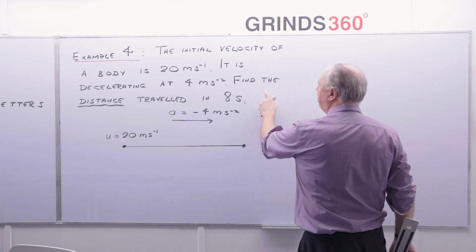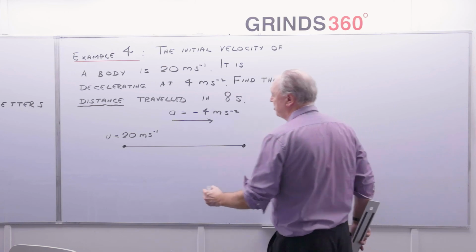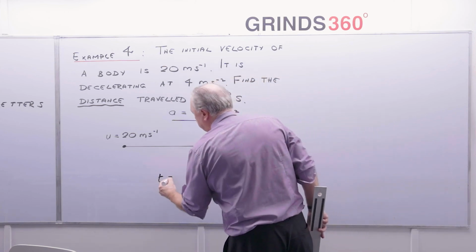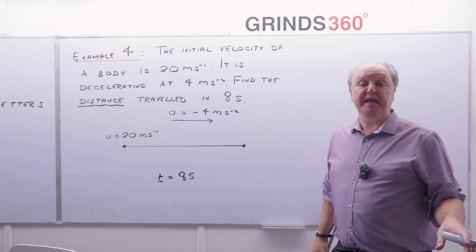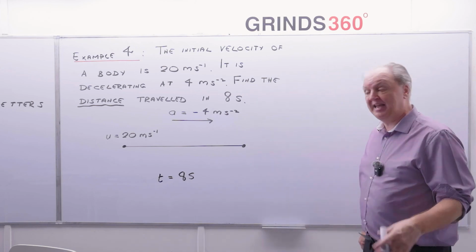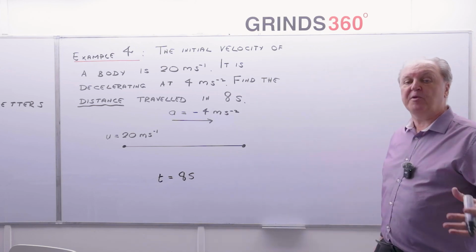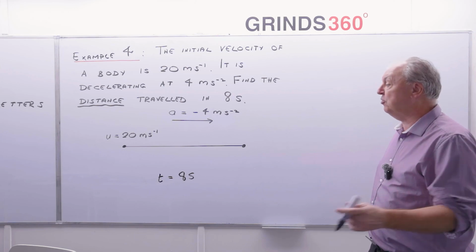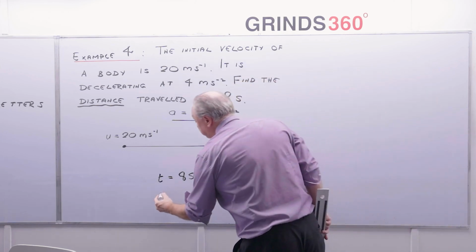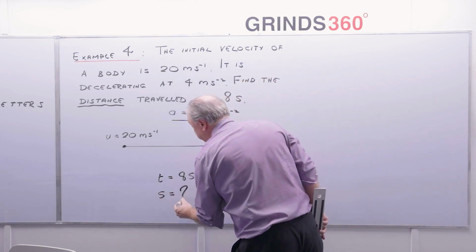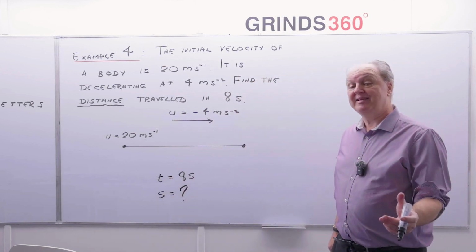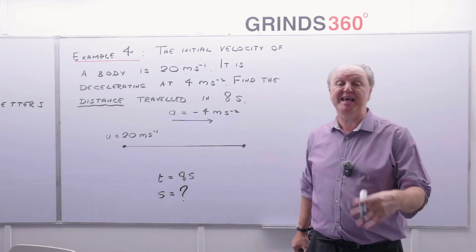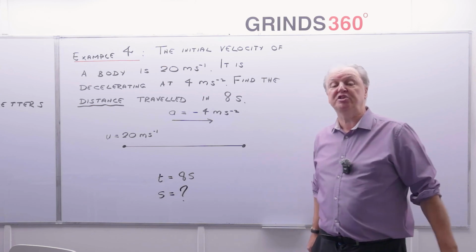So keep that in mind. We're talking about find the distance travelled in 8 seconds. So we're talking about a time t of 8 seconds. Well, the good thing is you've got 3 letters. And if you've got 3 letters, then you can work out the other 2. Well, I want to work out S, which stands for displacement. Now, this is an important point. Displacement and distance are the same thing if you don't change direction.